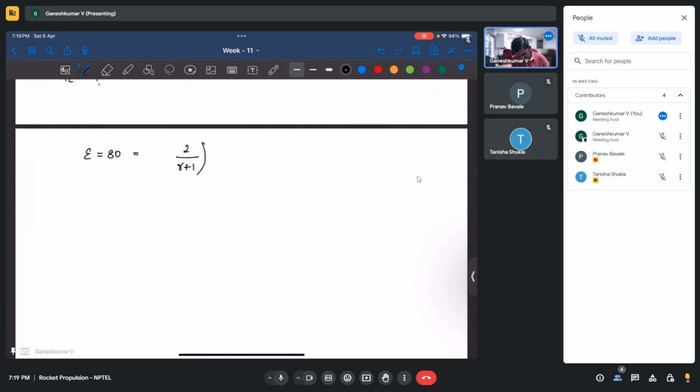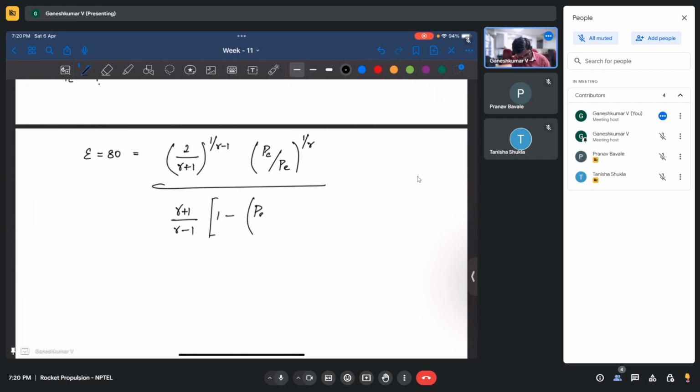So (2 divided by gamma plus 1) whole power 1 divided by gamma minus 1, into (Pc by Pe) whole power 1 by gamma, divided by (gamma plus 1 by gamma minus 1) into (1 minus (Pe by Pc) whole power gamma minus 1 by gamma), the whole square root.